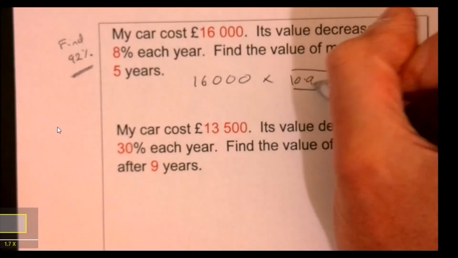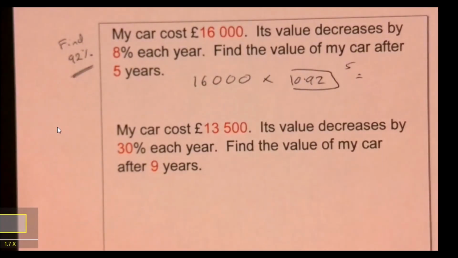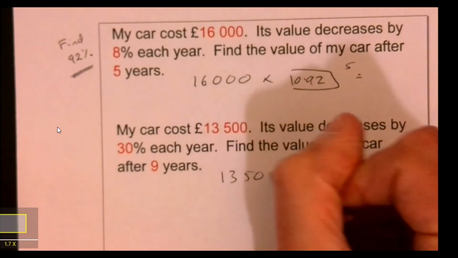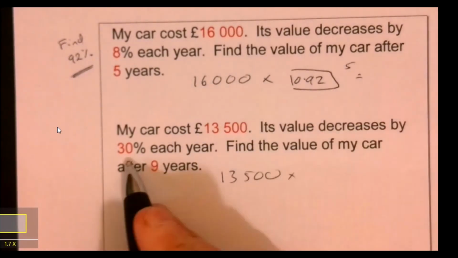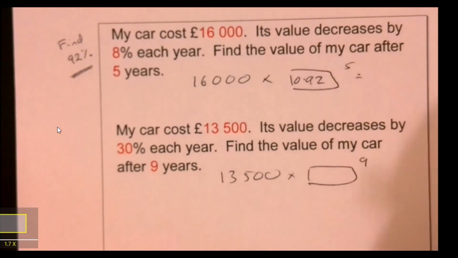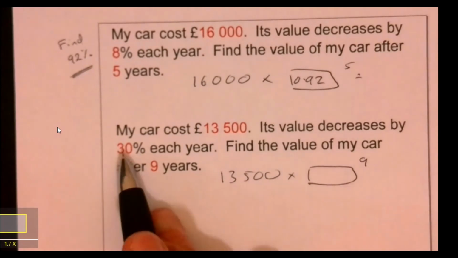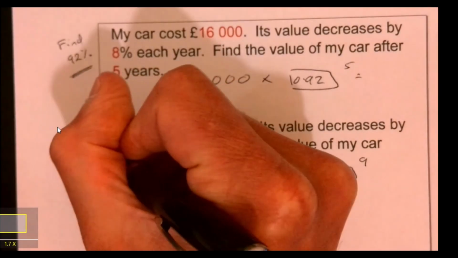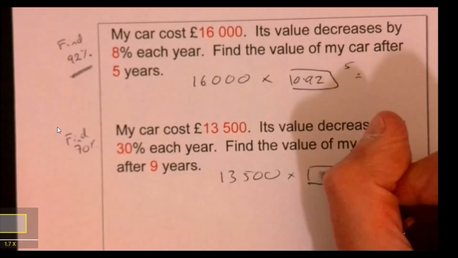So that's multiplied by 0.92. And then my car costs 13,500. Depreciates by 30% each year. 9 years. So that'd be find 70%. So that'd be like that.